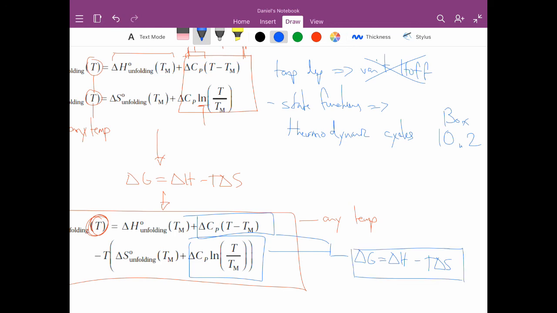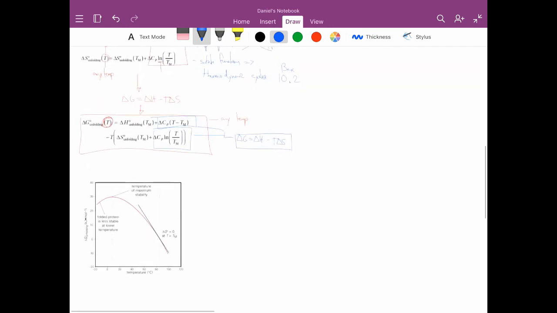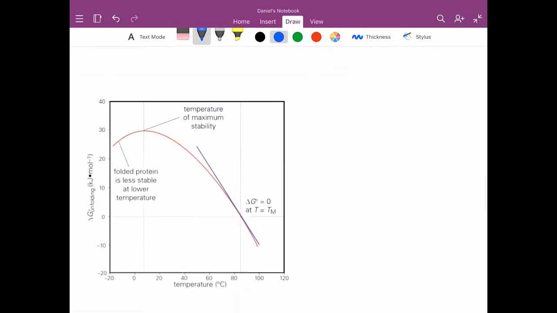So what you end up getting is this temperature dependence, and like I said, if it was temperature independent, you would get a delta G relationship with temperature that looked like this, just because it scales with temperature directly.